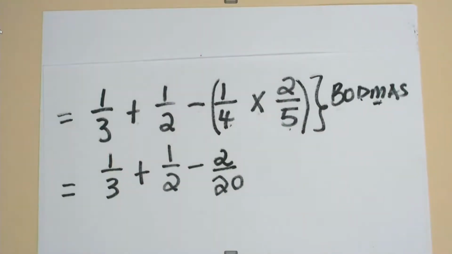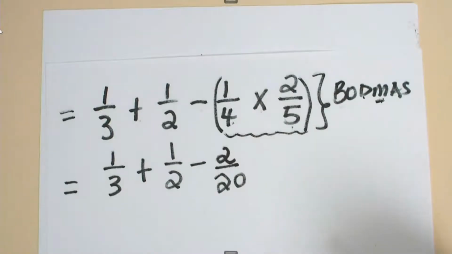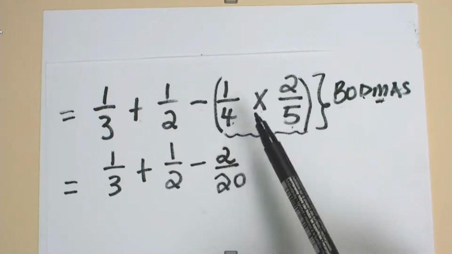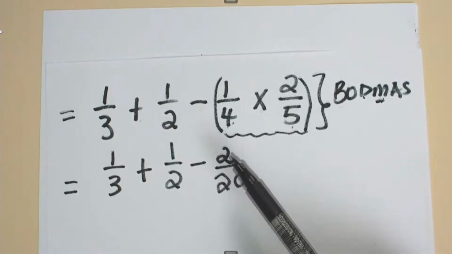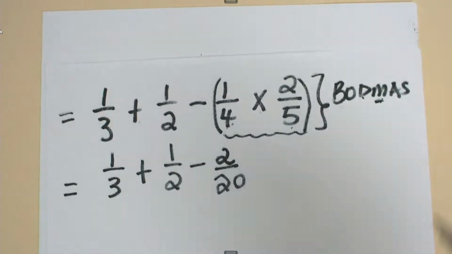Now we have solved this one. Meaning we said 1 multiplied by 2 gave us 2. Then we said 4 multiplied by 5 gave us 20. Objective number 1, achieved. Voila. Now, we will move to the next one.